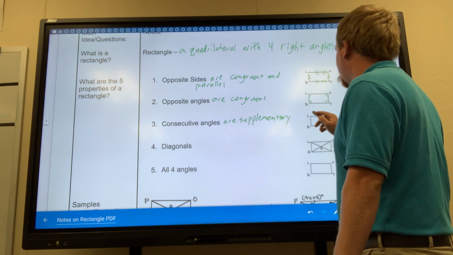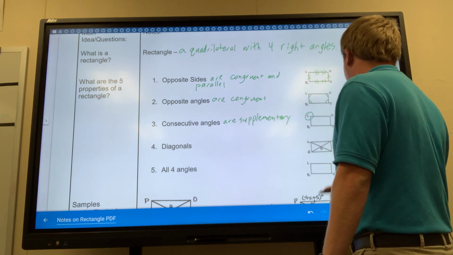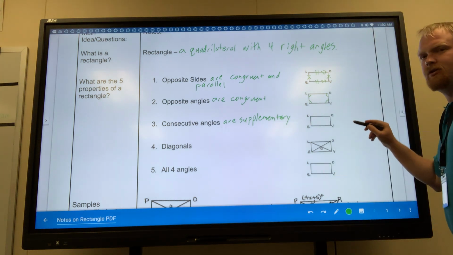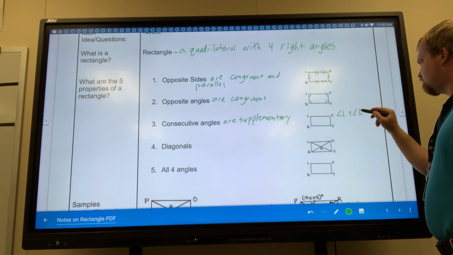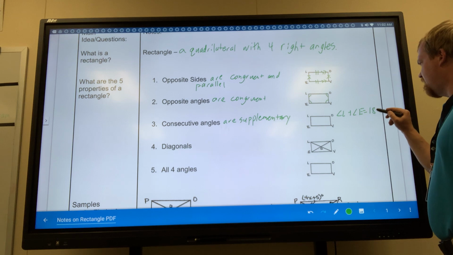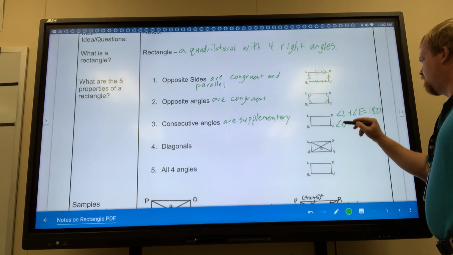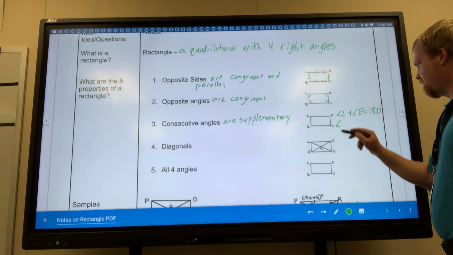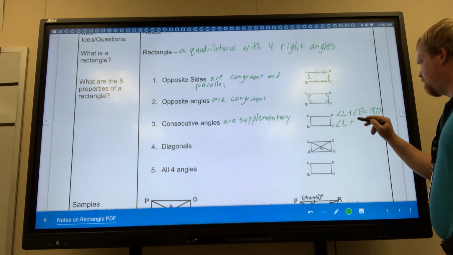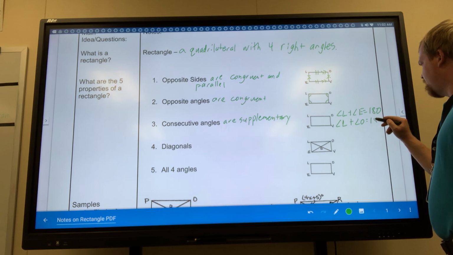So if I look at angle L and angle E, they add up to 180. Just like angle L plus angle O adds up to 180 as well.